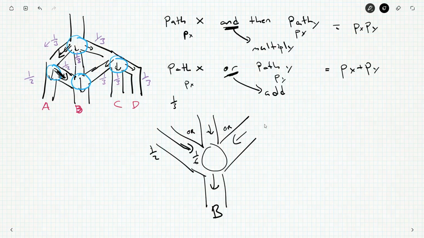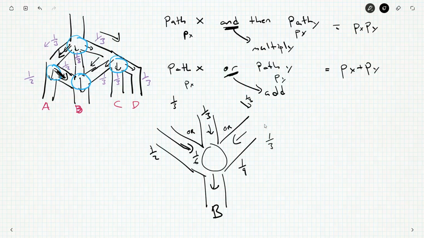What's the probability that he just goes straight down the middle tube? Well, only one decision to make, and it's 1/3 of probability. How about that he's coming from the right? 1/3, and then he has to go down this path. And then he has to go down this path, so we multiply by probabilities again. So 1/3 times 1/3, 1/9.